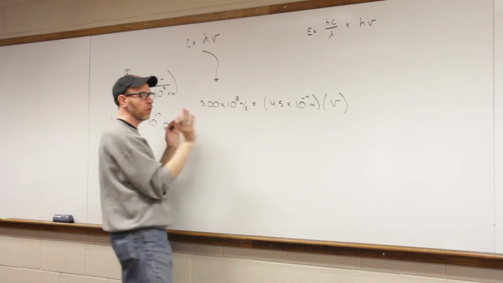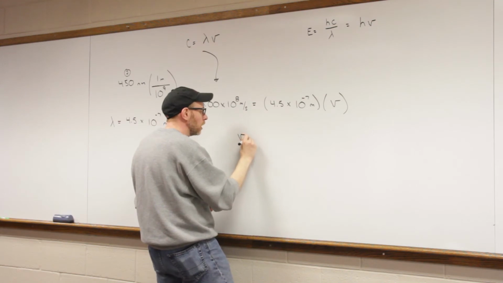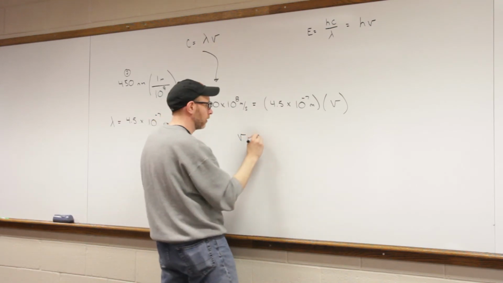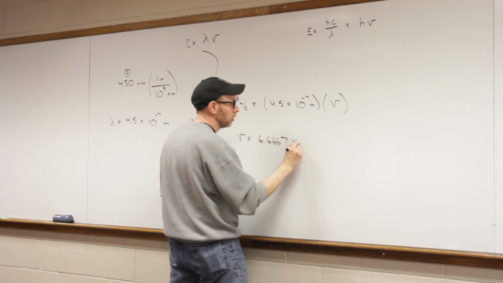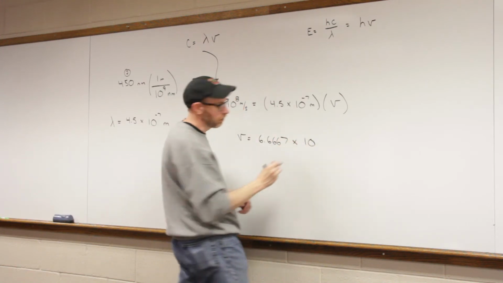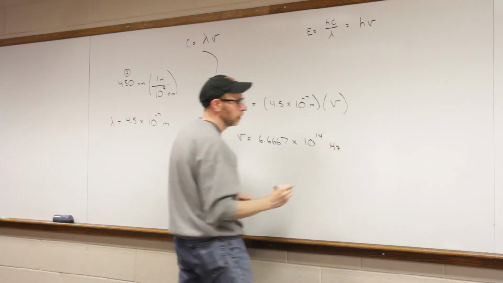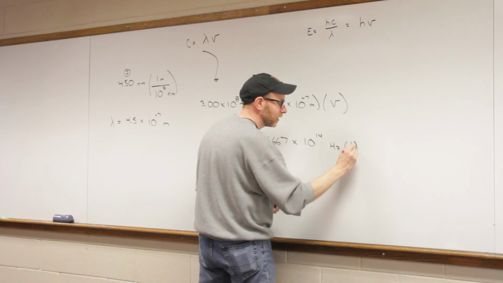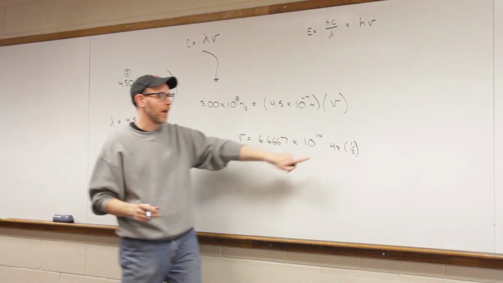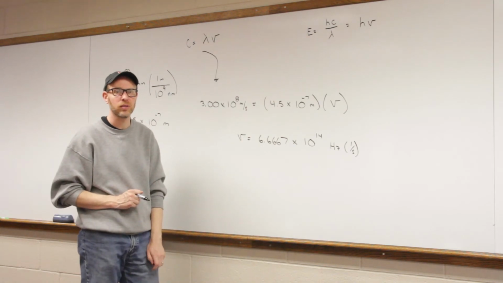So now we can solve using basic algebra. We find that frequency is 6.6667 times 10 to the 14th hertz. Remember, hertz is the same unit as 1 divided by second. So you could have hertz, you could have 1 over second here. Either one is the exact same unit.